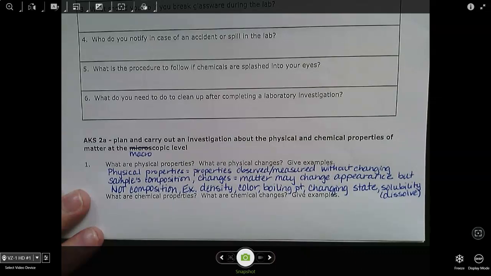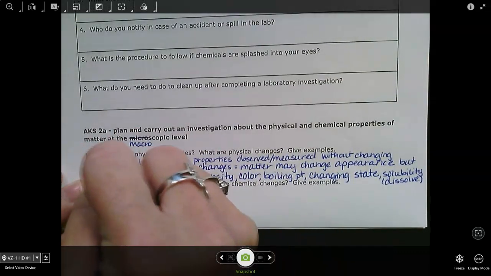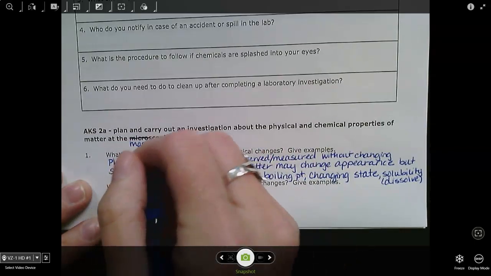Chemical properties and chemical changes. To see chemical properties, you actually have to have your sample interacting with something else.